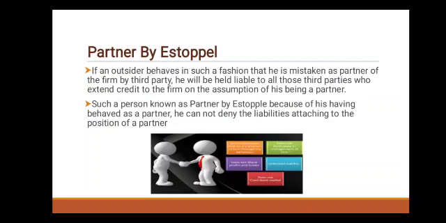Such a person is known as a partner by estoppel, because of his having behaved as a partner, he cannot deny the liabilities attaching to the position of a partner. In actual practice, a partner by estoppel is not a partner of the firm. He neither contributes any capital nor takes part in the management of the firm.